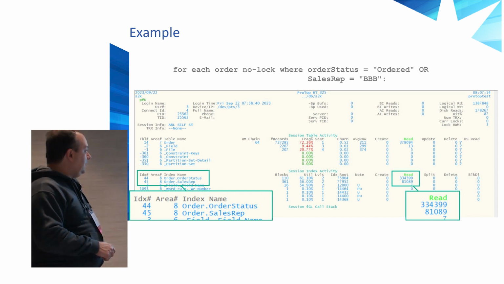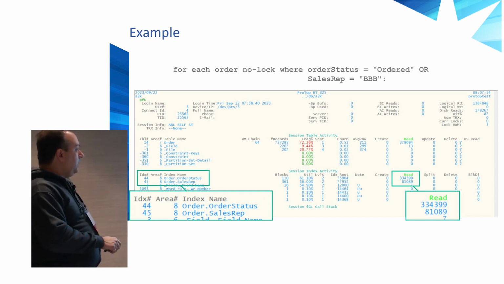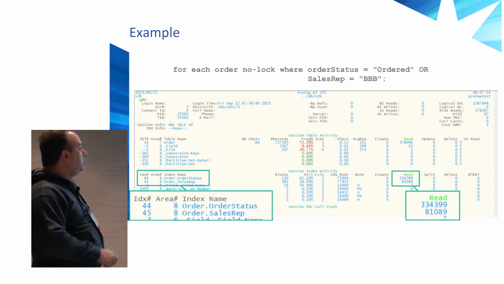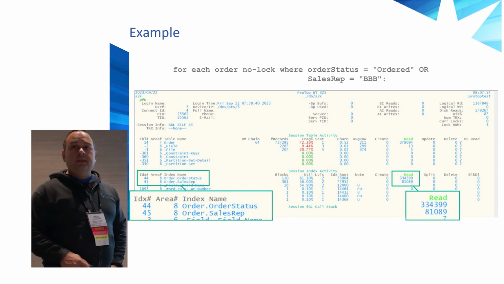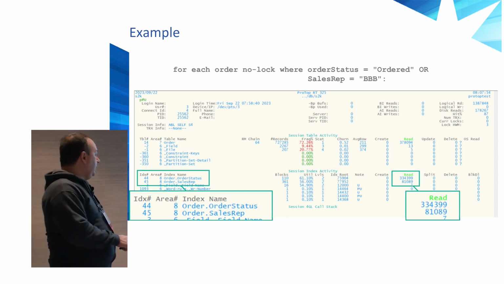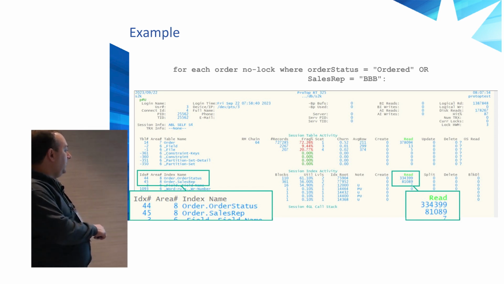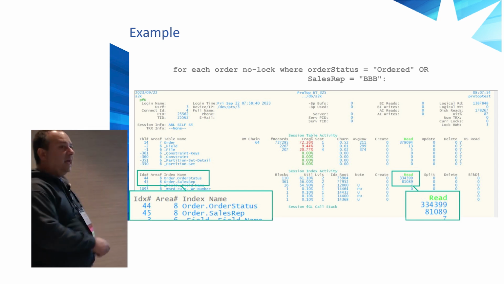So you can see here, I'm reading the order status index 334,000 times and the sales rep index 81,000 times. And then the two are combined at the end to give you your result set. All right, so that's showing me here very clearly that I'm using both indexes to satisfy this query.